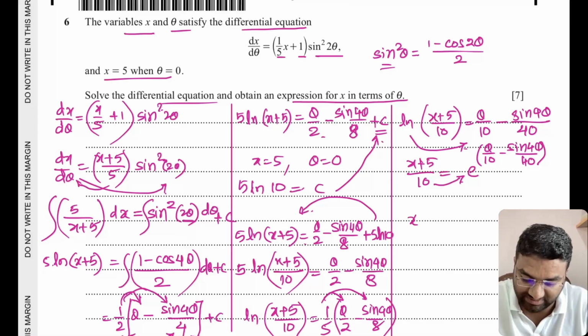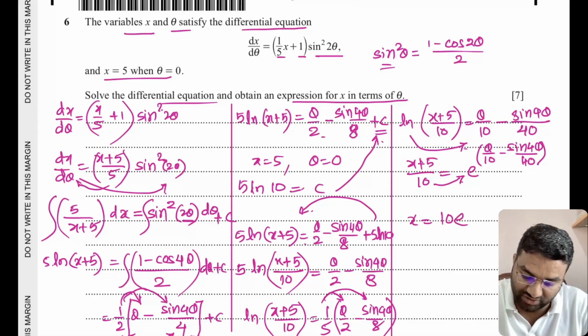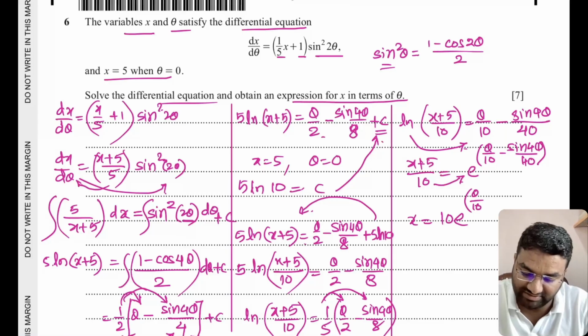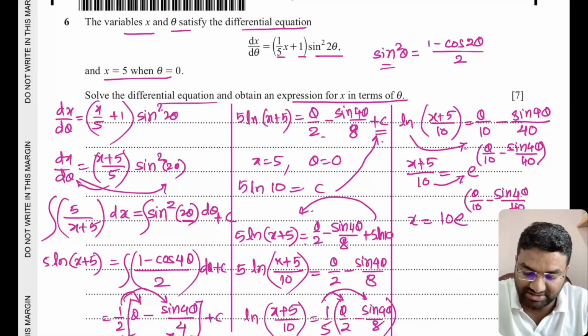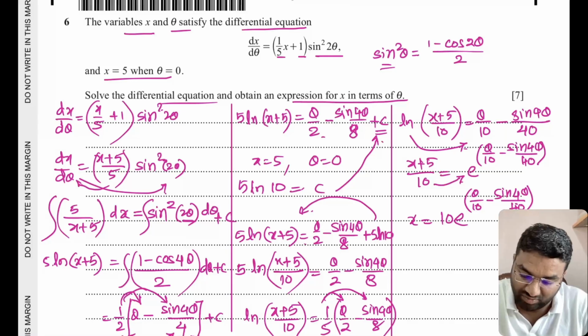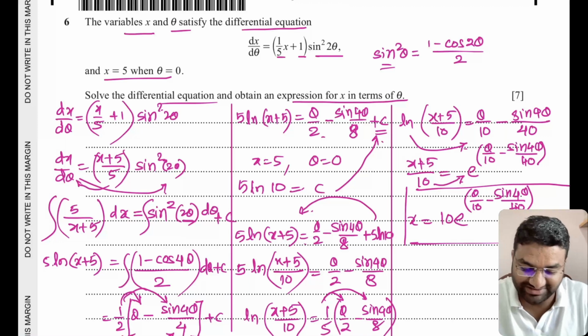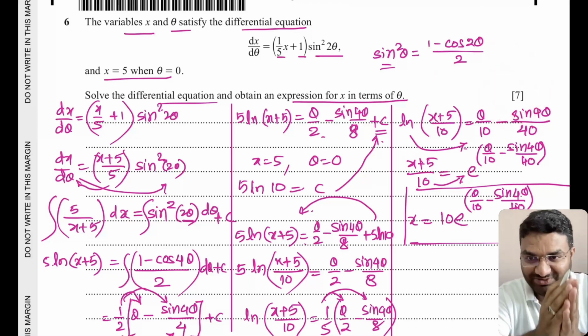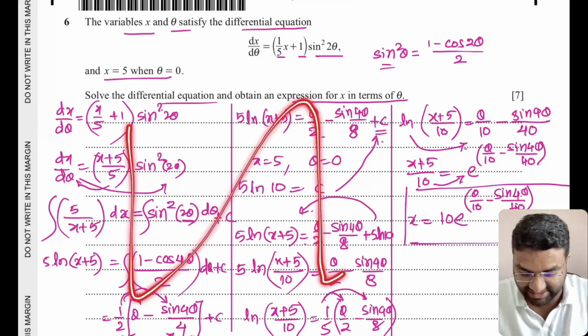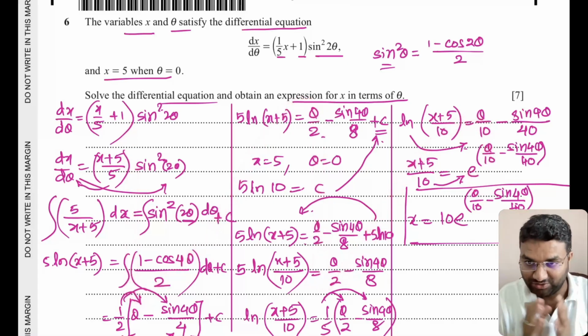So x becomes 10 times e to the power of theta by 10 minus sine of 4 theta by 40, isn't it? And minus 5. This is the final answer. And that's why this question is for 7 marks. So if you write step by step like this, then you will get the marks.